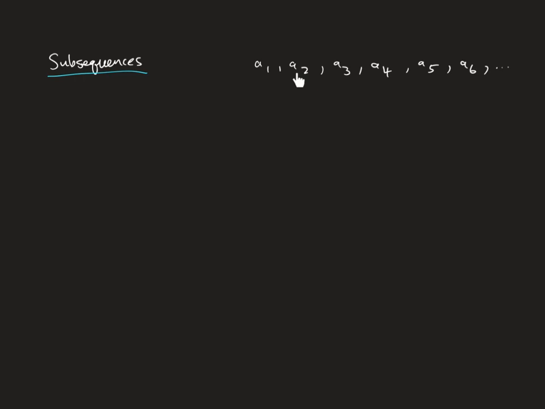So I start somewhere, let's say a_2. So start at a_2, and then I just skip over as much as I want, as long as I'm skipping strictly to the right. Right, so I can pick a_5, and then I could possibly pick a_6 next. So that's strictly to the right, and then I keep going like that.